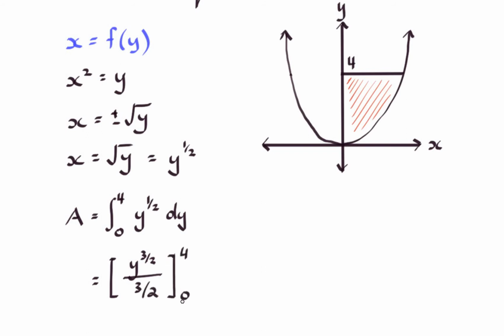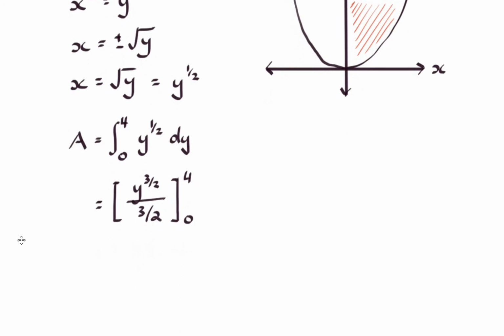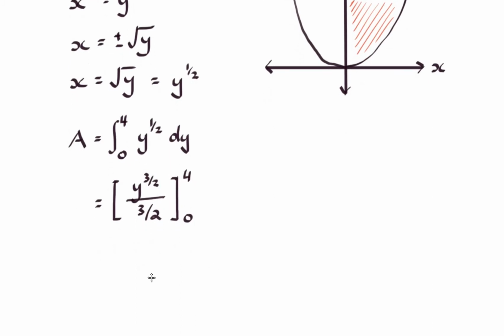And with 4 and 0, this gives us, and remember fractions within fractions, we can change that around a little bit, 2y to the power of 3 on 2 over 3.